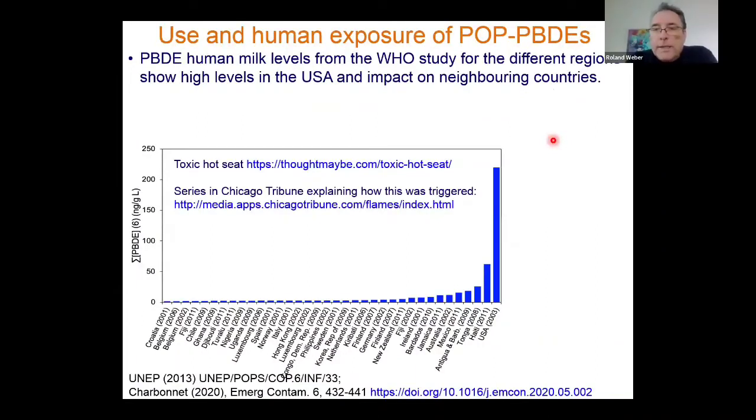This is the data of the human milk study from WHO and UNEP, from in total more than 80 countries. What you see is that the human milk of the United States is by far the most contaminated with PBDEs. Even some countries neighboring the United States are impacted, like Haiti, Antigua, Mexico, with higher levels of PBDEs.